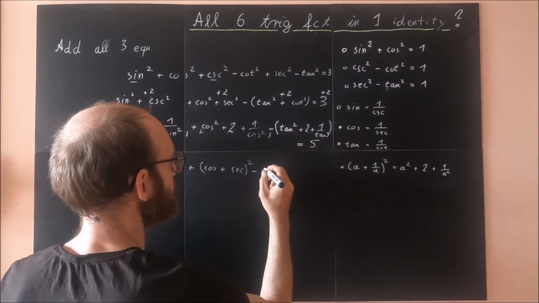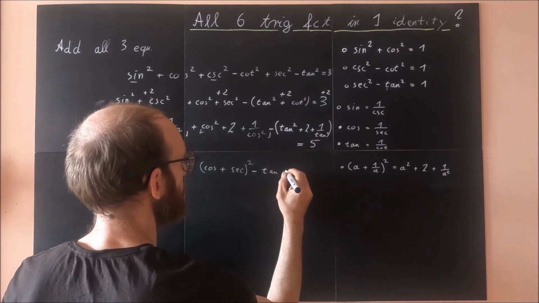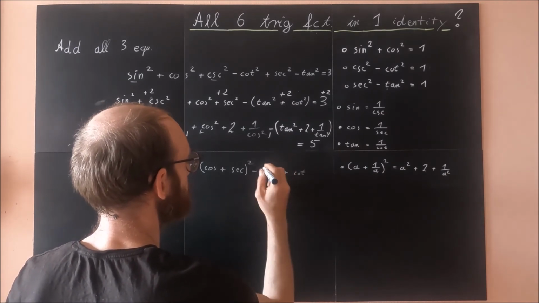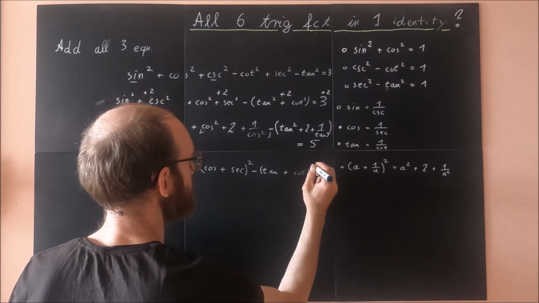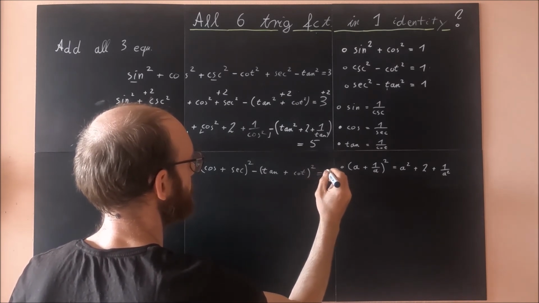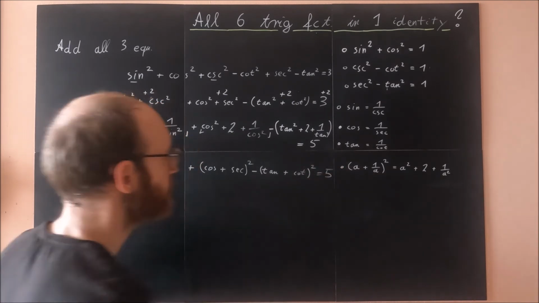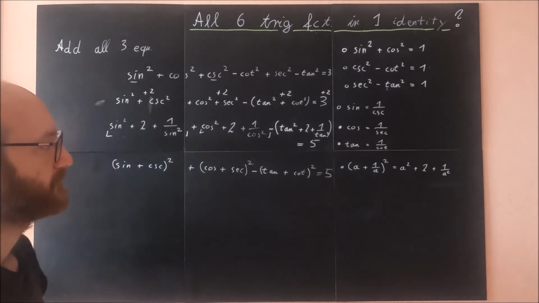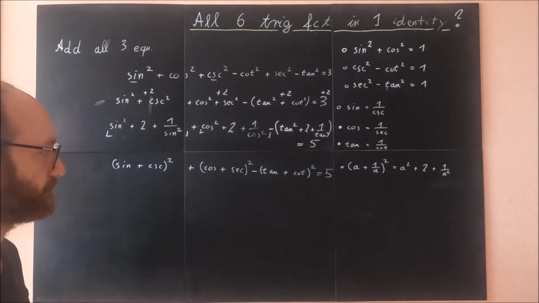This part becomes tangent plus cotangent squared equals 5, if I did not make a mistake.